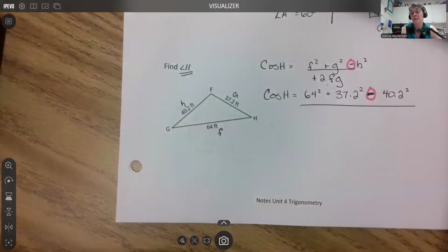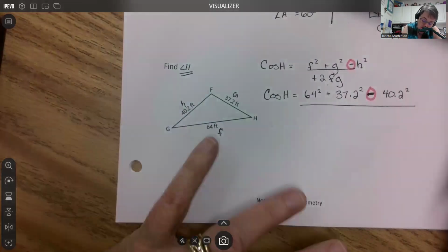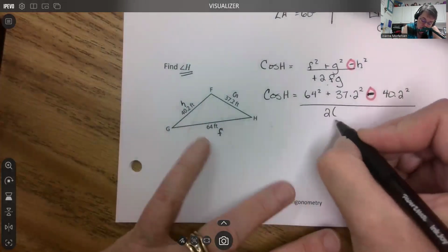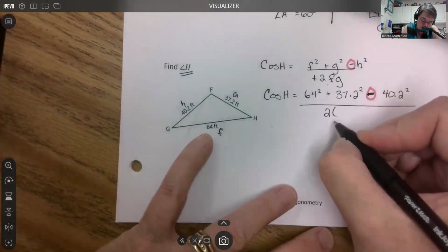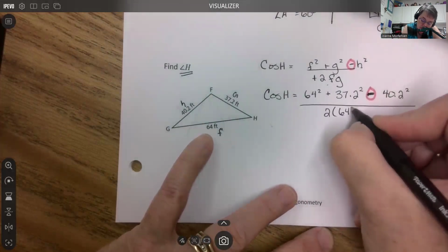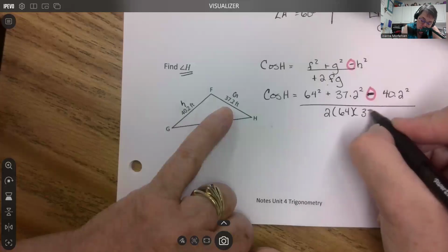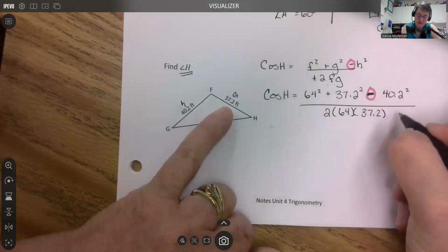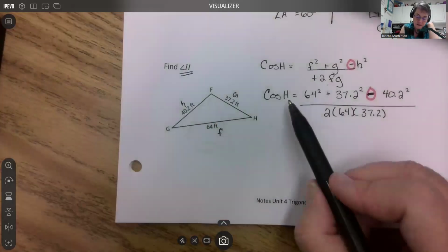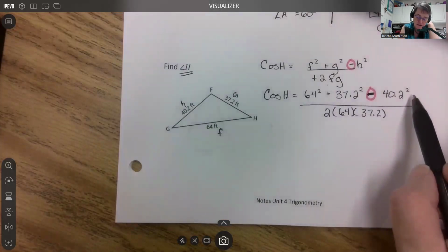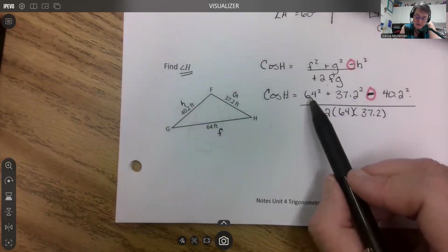Although, truth be told, if you make that a plus, your answer is going to be way wrong and you'll figure it out pretty fast. 2 times f, yes, 64 times g, which is 37.2. All right. There's my h. There's my h. 64, 37.